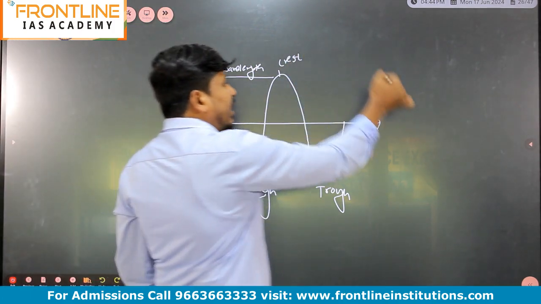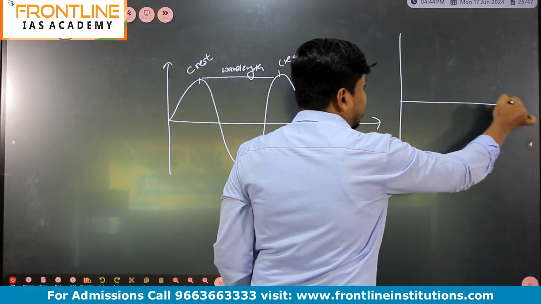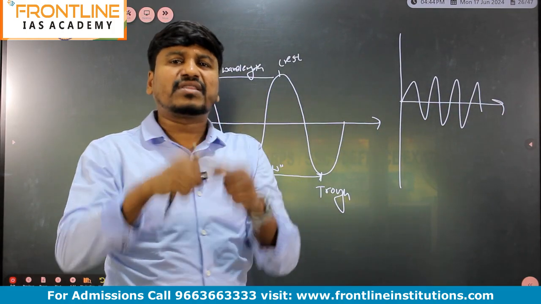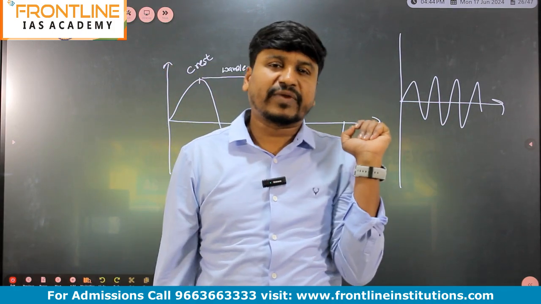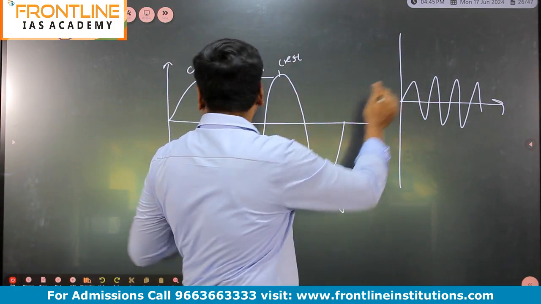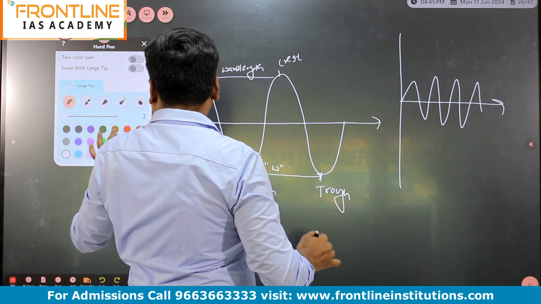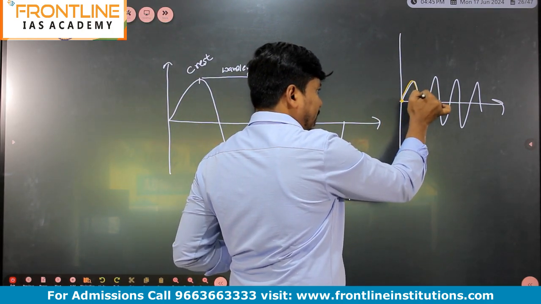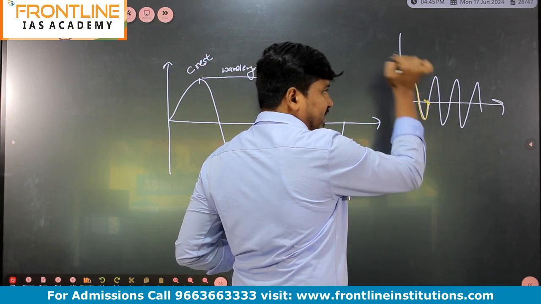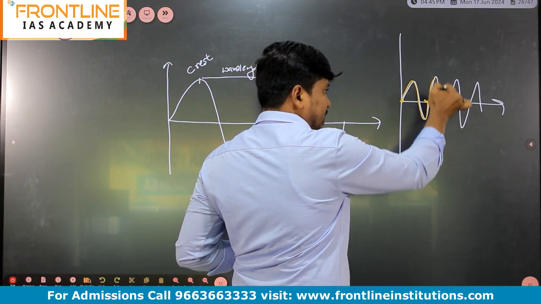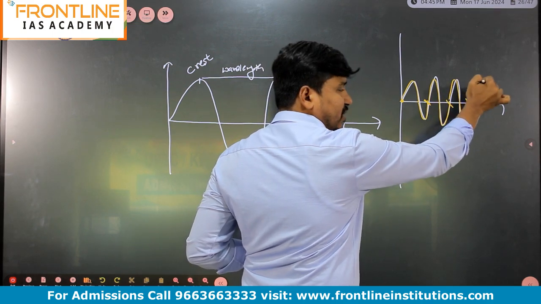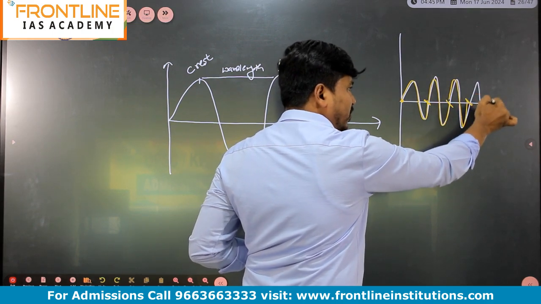And please remember, if energy is more, there will be more cycles, and the number of cycles per second we call frequency, right? In this wave, one complete crest and one complete trough we call one cycle. This is one cycle, this is the second cycle, this is the third cycle, and this is three and a half, or you can say the fourth cycle.